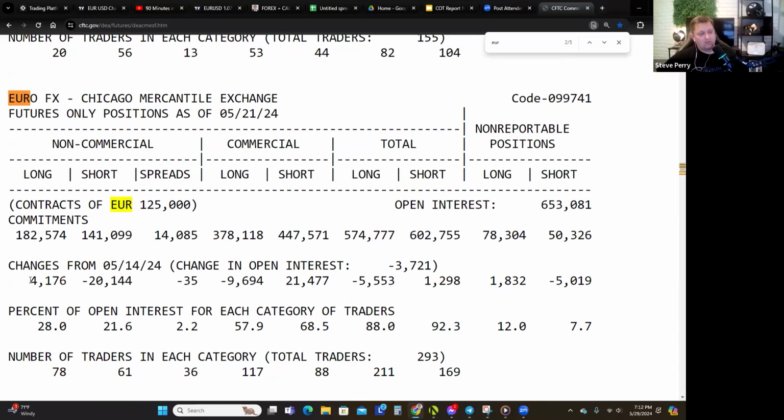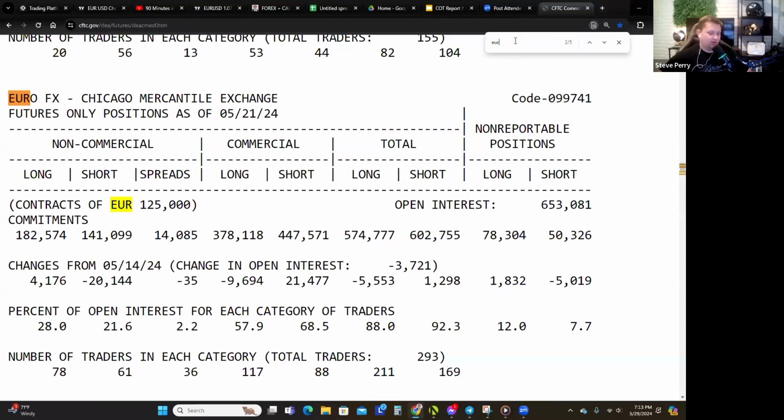To me, that's actually the most important information, even more so than the current snapshot, is the change. So this is just the change from the previous COT report that was dated on Tuesday, May 14th of 2024. Okay. So in 1 week, that's been the change by these big banks.